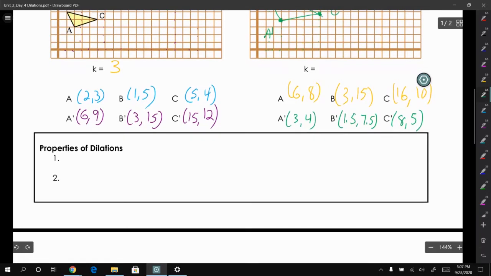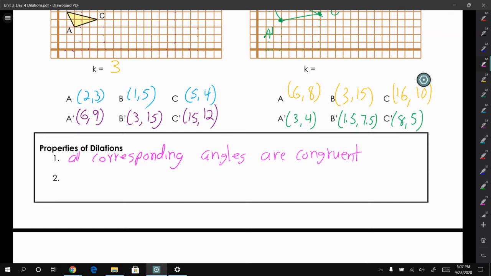So the properties of dilations, the first one is that all corresponding angles are congruent. So after we dilate the image, the angle measurement doesn't change.